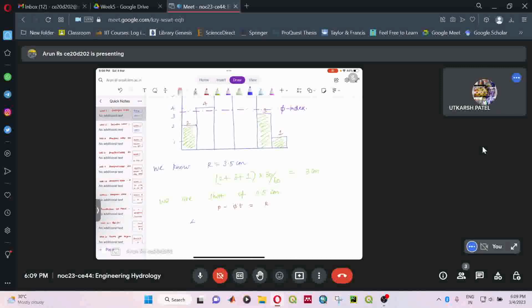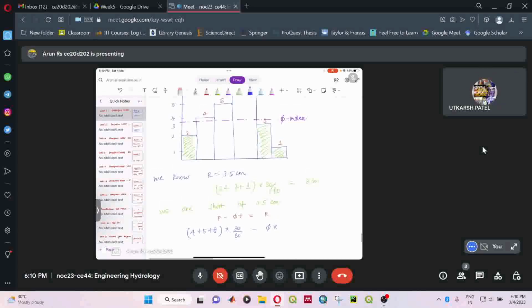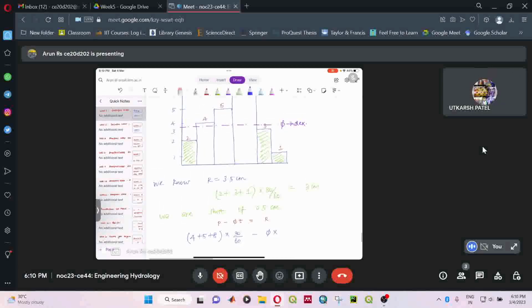Yeah, 4 plus 5 plus 8, 17, into, you need to remember we have a 30 by 60 here, that is 8.5, minus phi into, how many blocks is it happening? 1, 2, 3. 3 blocks into 30 by 60, which is equal to your runoff depth.